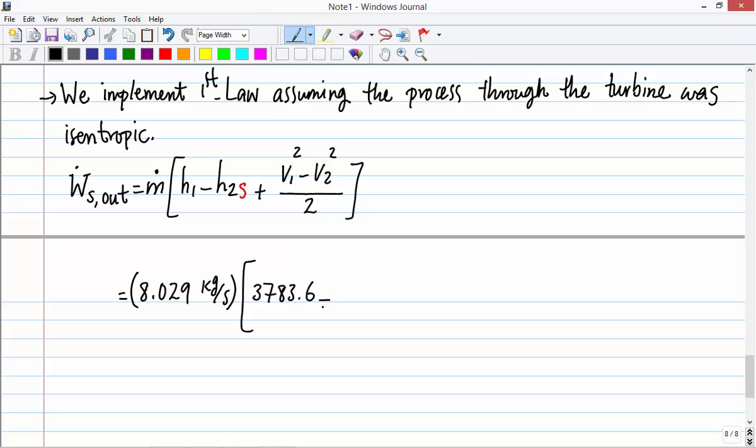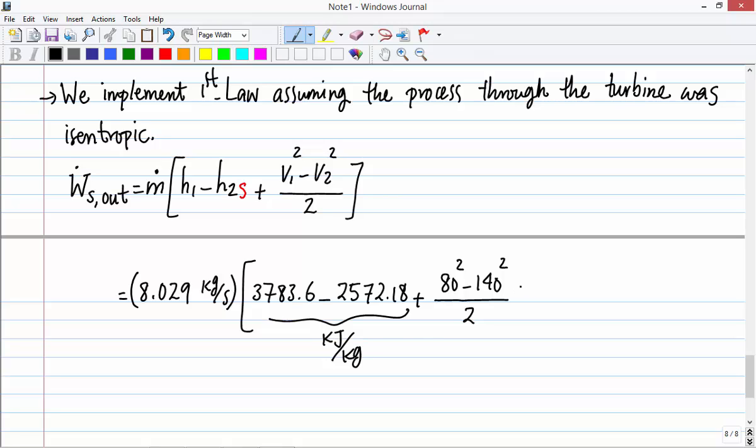Minus. So that's a change in enthalpies plus the same for velocities. Just put in the velocities. And I forgot to write that the units here are kilojoule per kilogram.